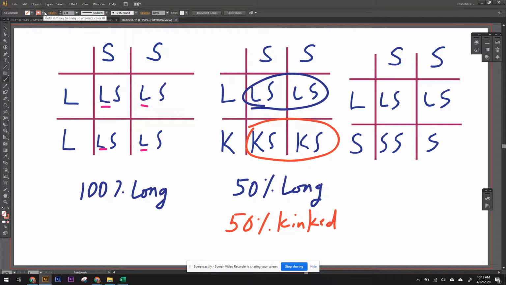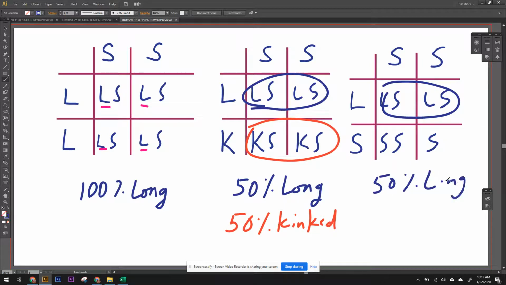Then looking at the third one here, we see from the top row that we have another group of 50% long. And then we also have 50% with two recessive alleles. So that means that in this cross, 50% would have a short tail.